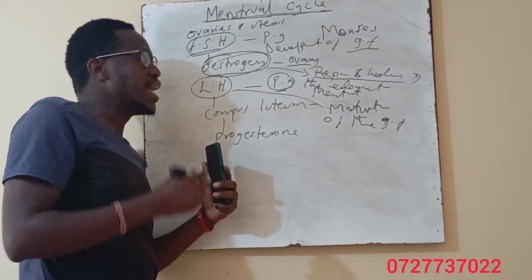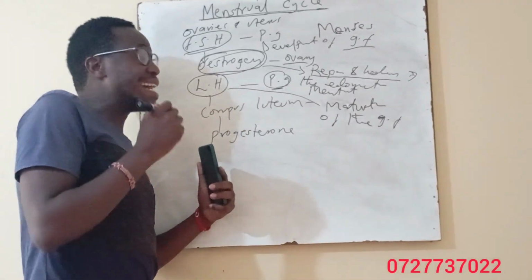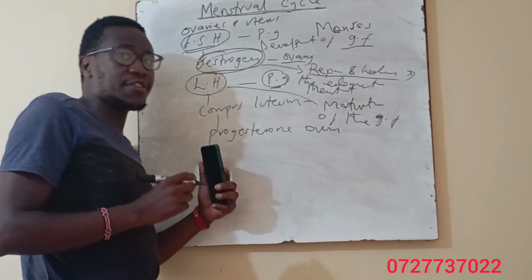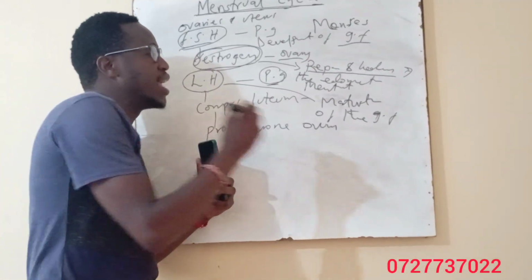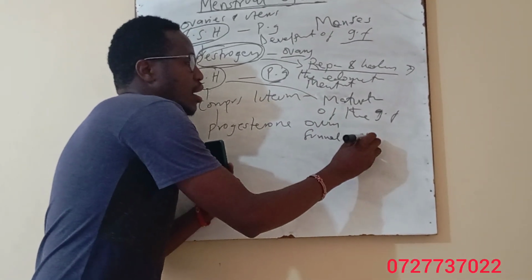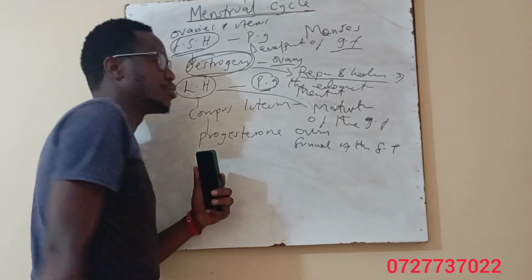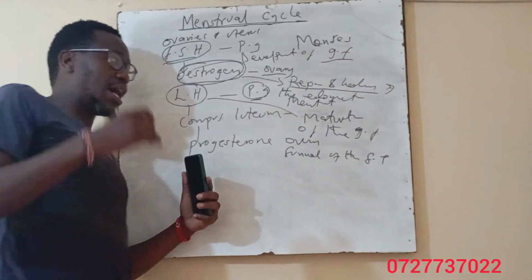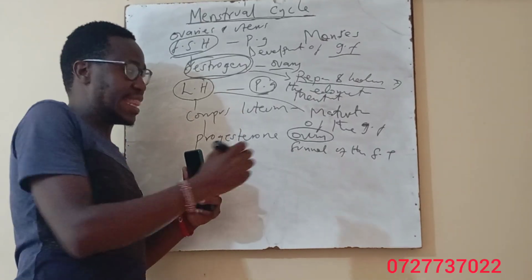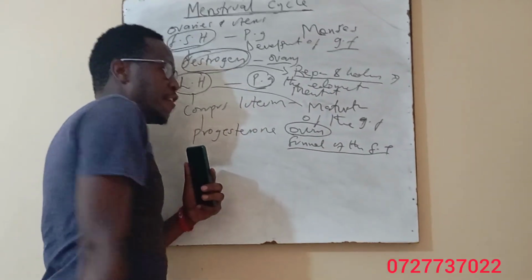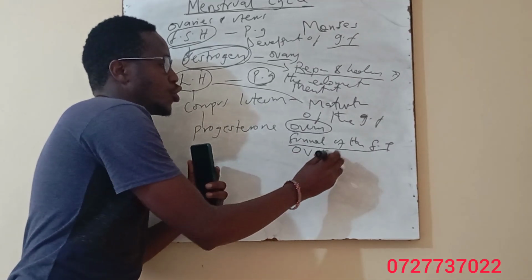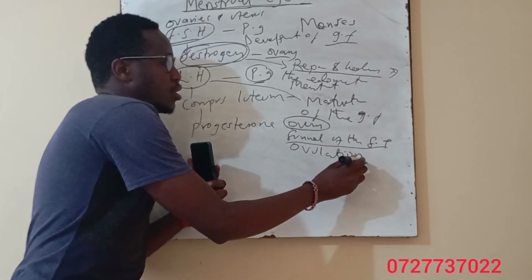The mature Graafian follicle releases an ovum in the funnel of the fallopian tube, and this is what we call ovulation.